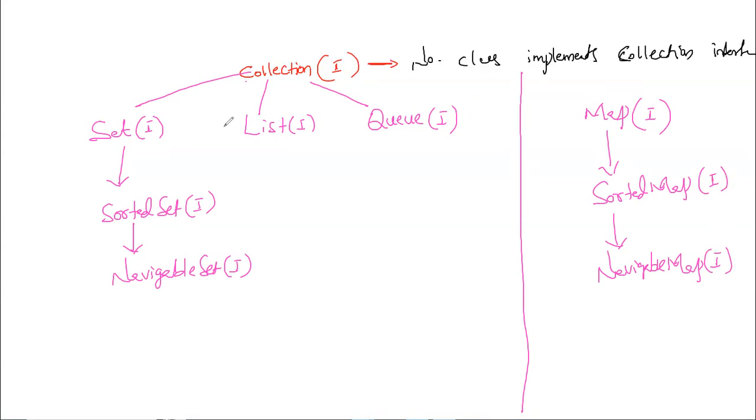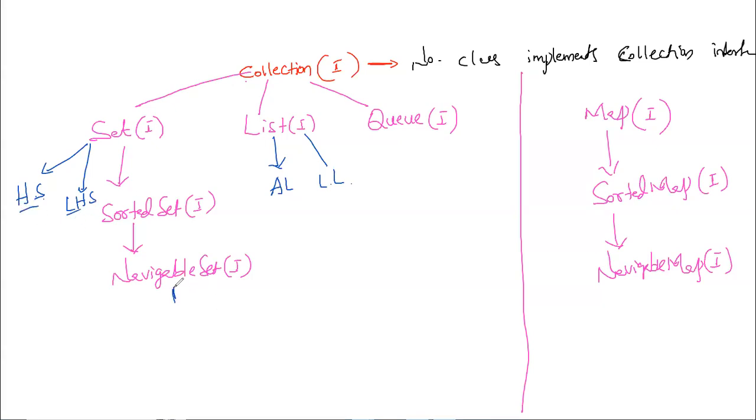Then what are the implemented classes? I'm writing in short format. For Set: HashSet, then LinkedHashSet. For List: the classes ArrayList and then LinkedList. For Queue: PriorityQueue and BlockingQueue. They are not that important at an interview level, so I don't discuss much about them.